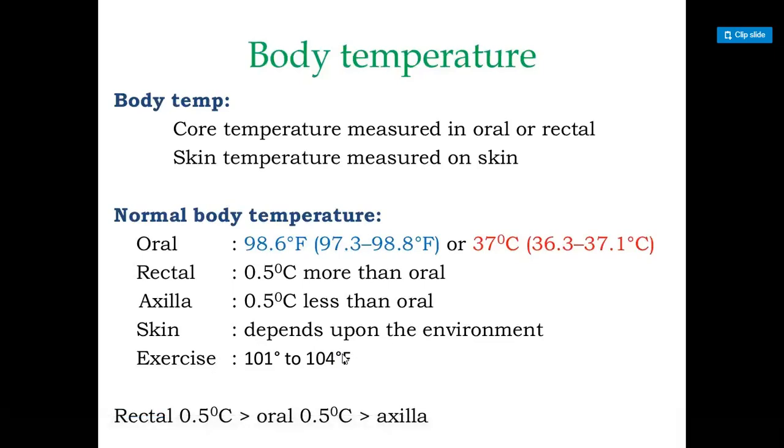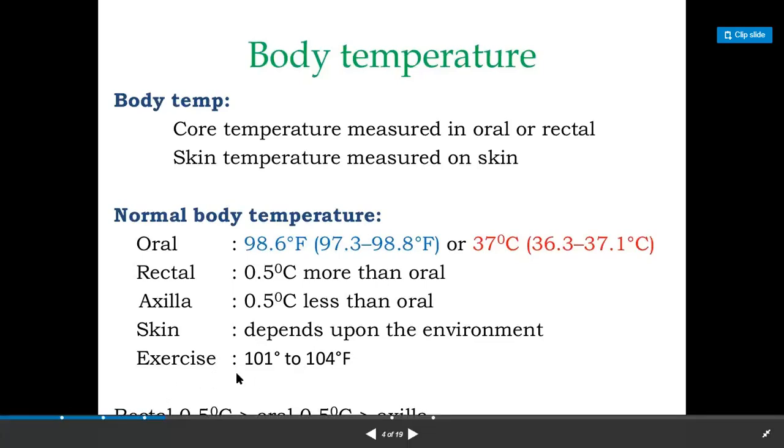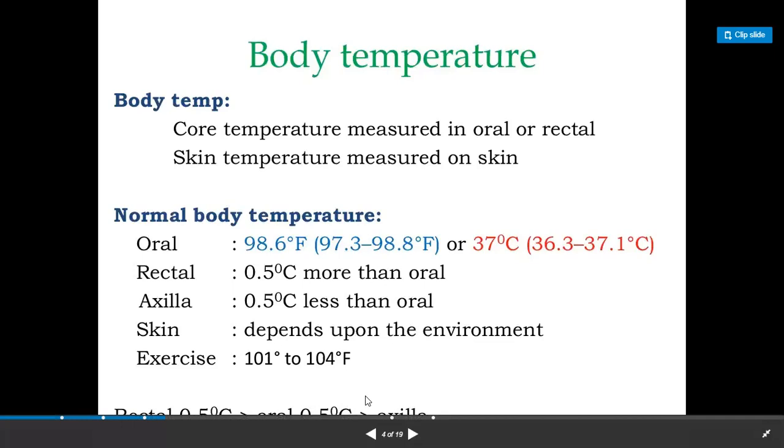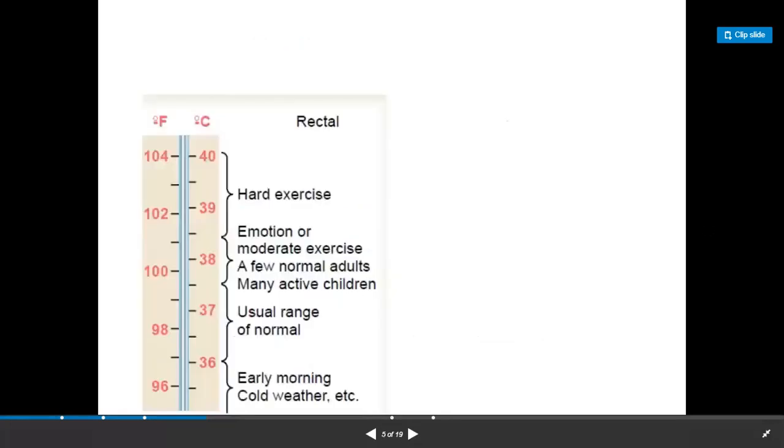It is not yet a serious problem at this value, but once it goes above this, then it's a huge problem. Now, we already said that the rectal temperature is 0.5 degrees greater than the oral temperature, and the oral temperature is 0.5 degrees greater than that of the axilla also. Okay, good. Let's move to the next slide.